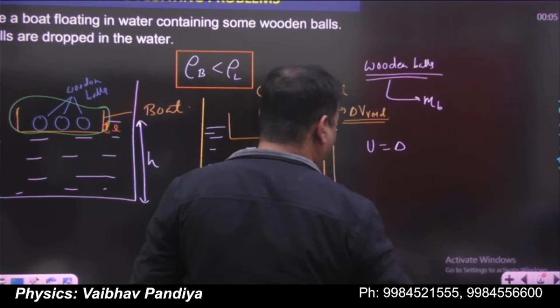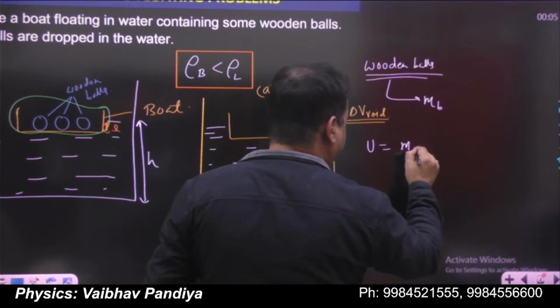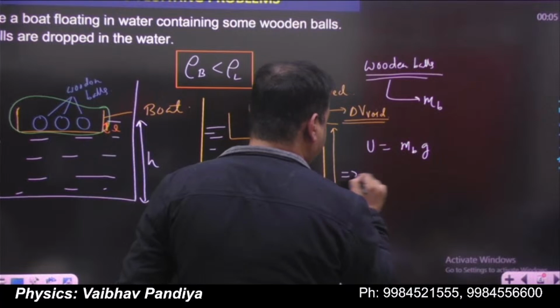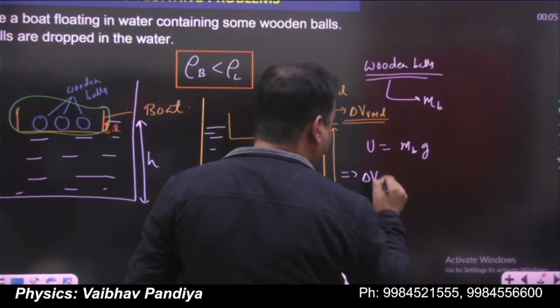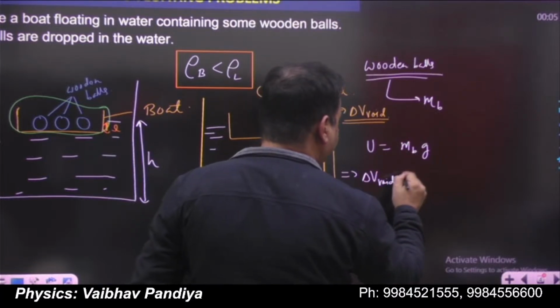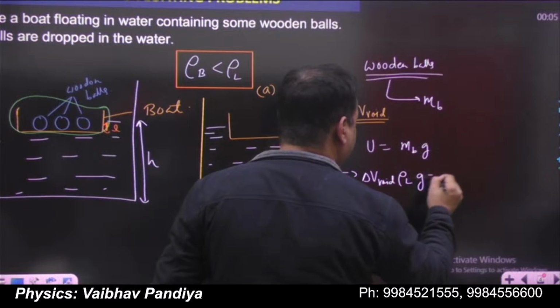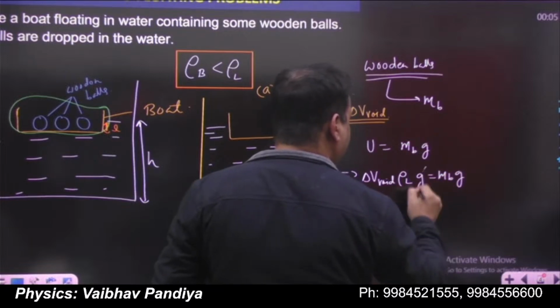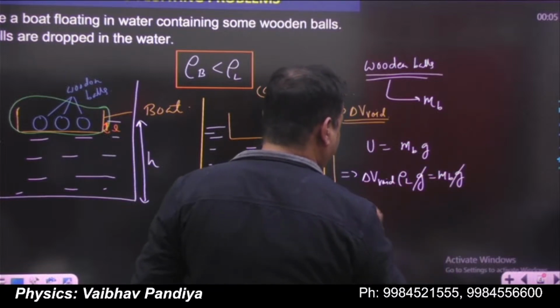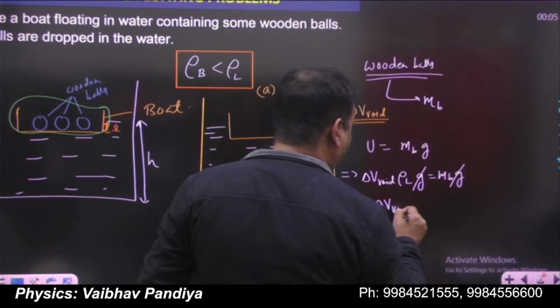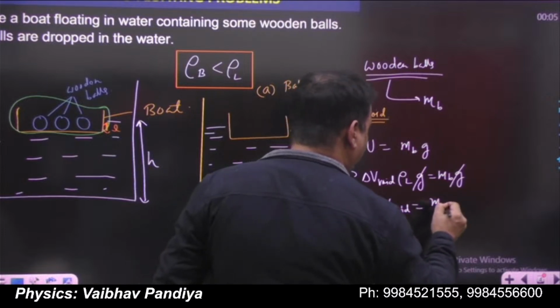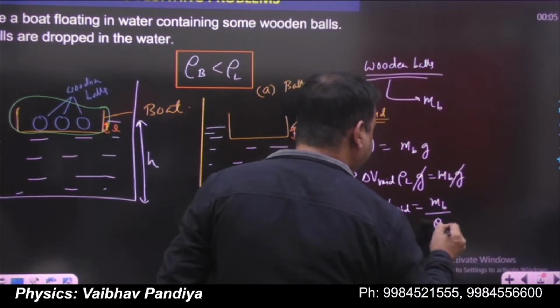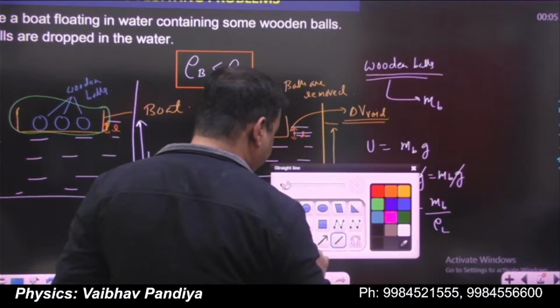So first let me write, this will be m_b g, and upthrust will be the volume getting free, delta V void, times density of liquid times g, equal to m_b g. g will get cancelled away, so I'll get delta V void is equal to the mass of the balls divided by the density of the liquid. This is the volume which is getting free.